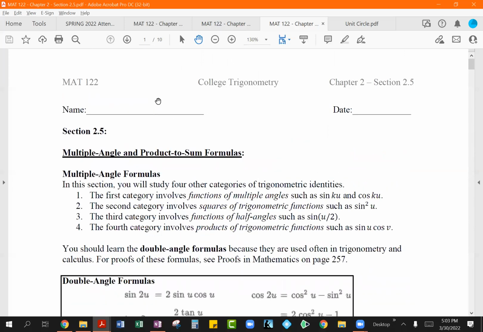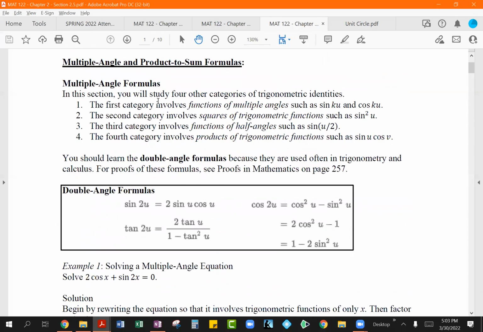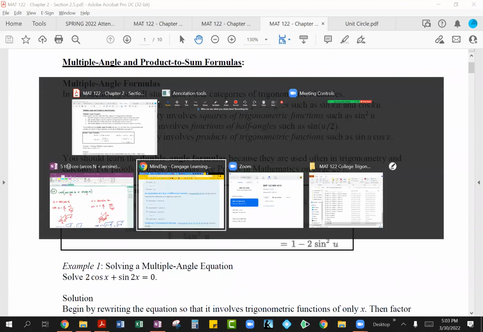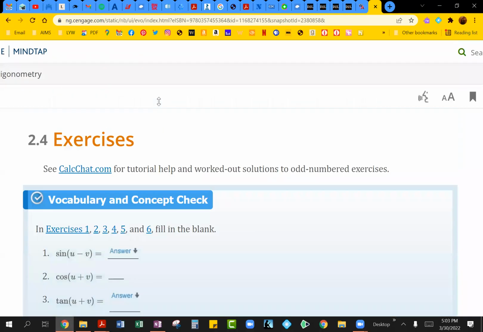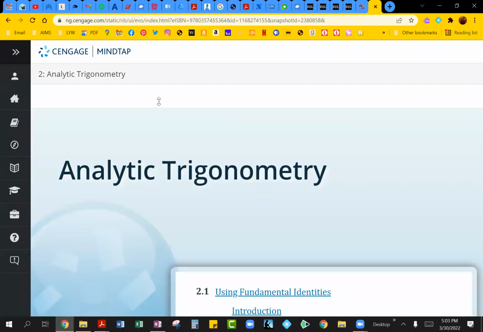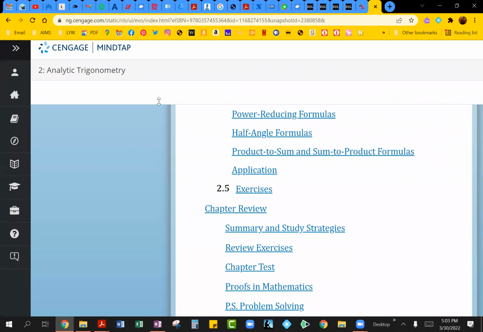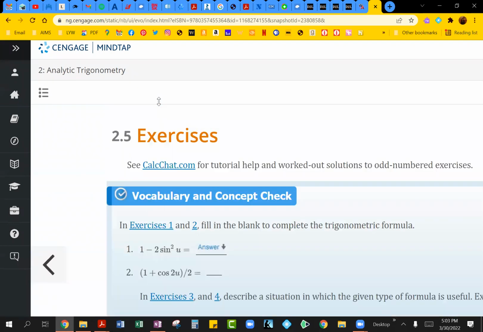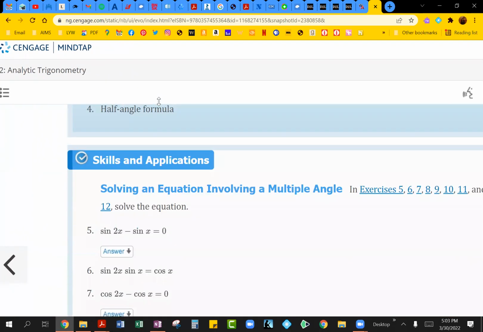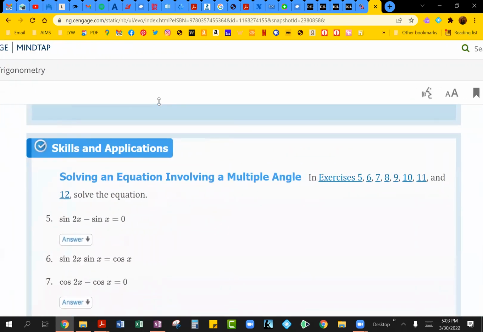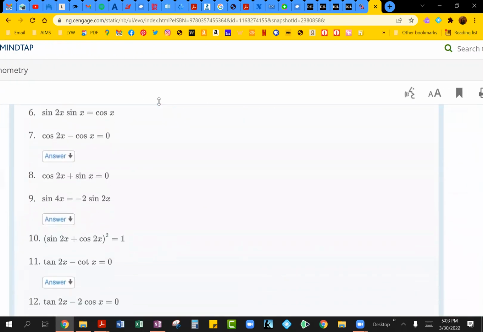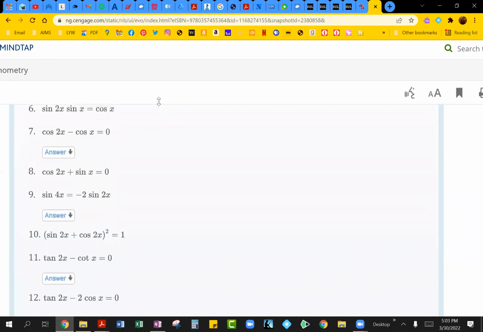So let's start with our first example over here. Okay, there we go, section 2.5. So this one here, we're basically being asked to solve an equation and we're going to work on number 9.